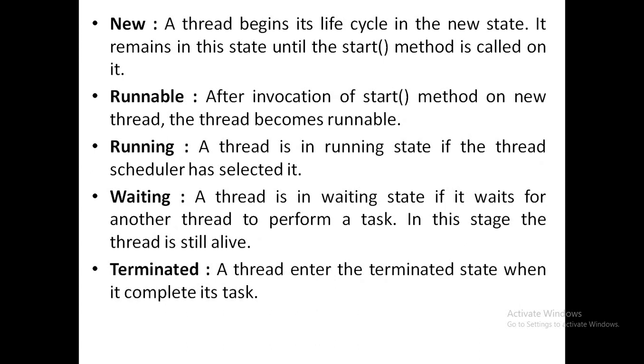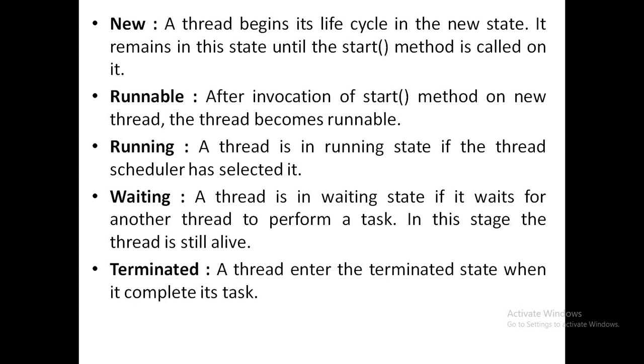New state. A thread begins its life cycle in the new state. It remains in this state until the start method is called on it. Once the start method is invoked, the thread moves to the runnable state. Following that, a thread enters the running state if the thread scheduler has selected it.